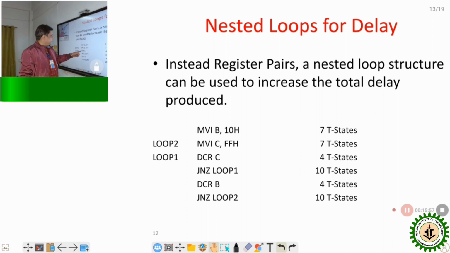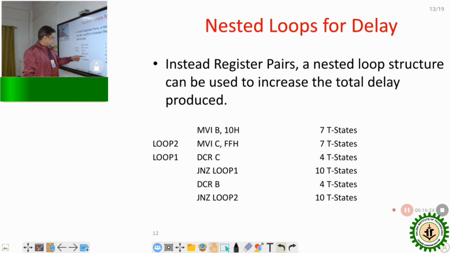Now I am decrementing the register C and I am checking whether C is 0 or not. If not, I am again decrementing it. So for each value of B which is decremented, this loop runs 255 times. And once this 255 times iteration is over, the B value will be decremented.